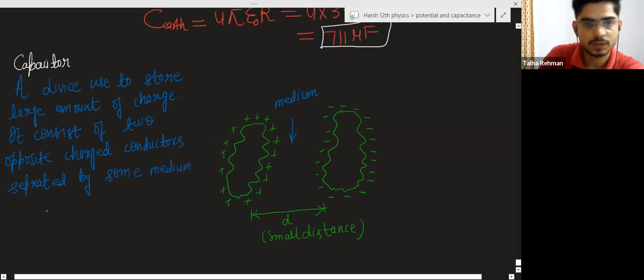And the medium can be air or some dielectric medium.